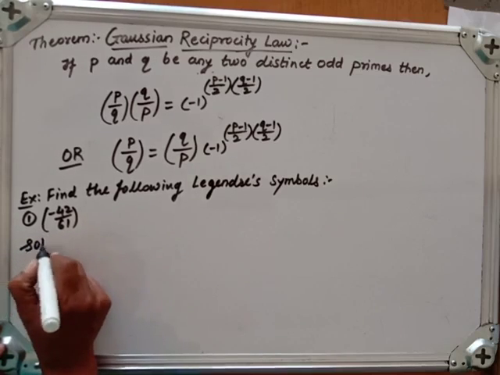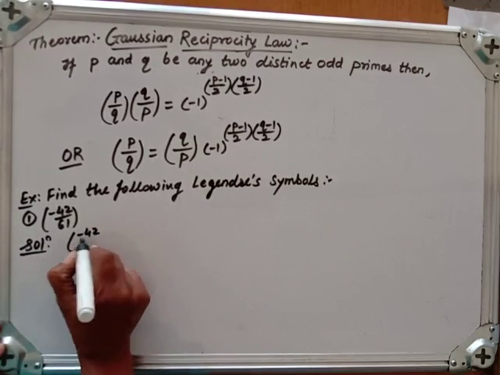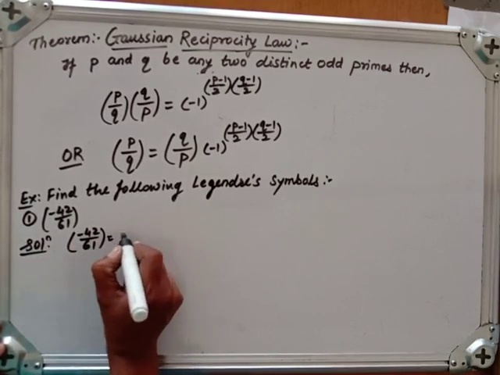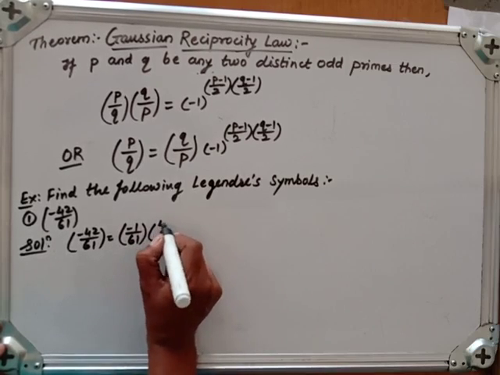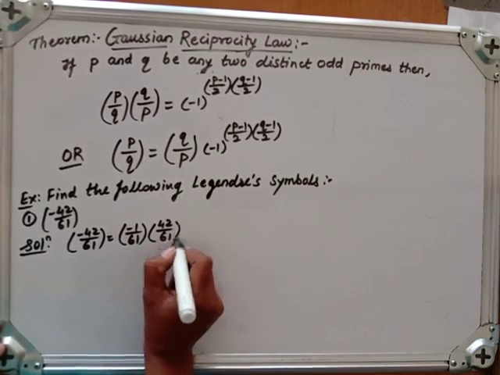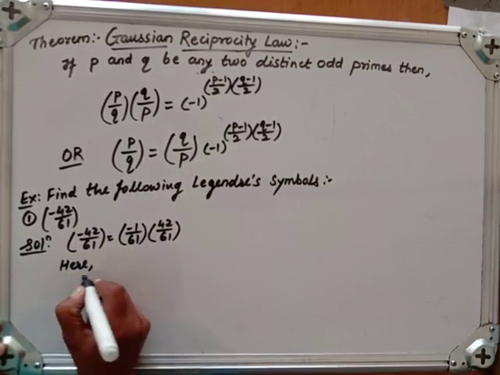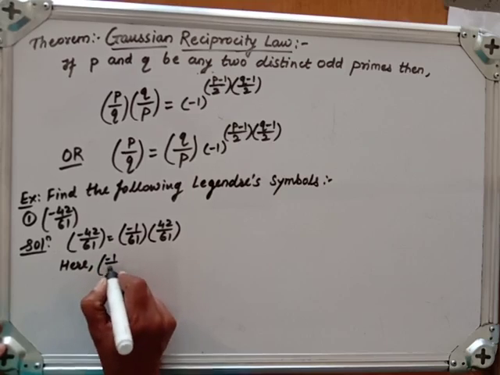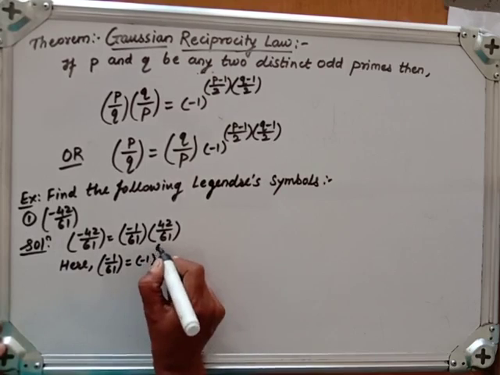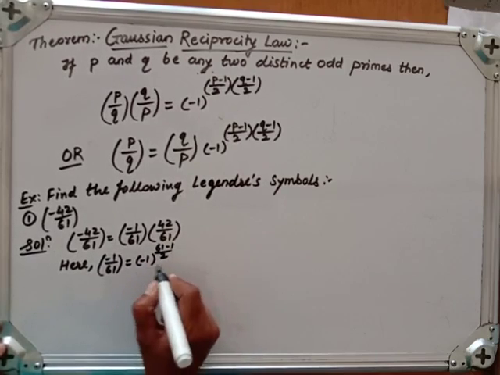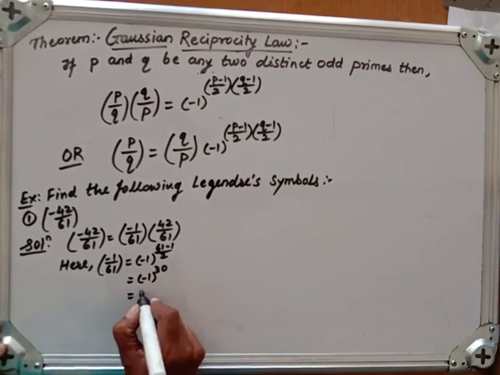Solution: the Legendre symbol (-42/61) can be written as (-1/61) times (42/61). Now here this (-1/61) will be (-1) raised to (61 minus 1) by 2. So it is (-1) to the 30, which is equal to 1.